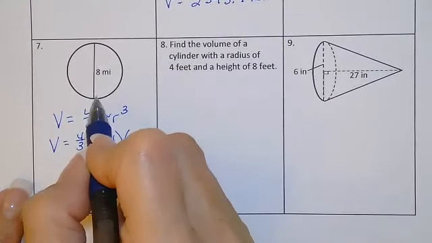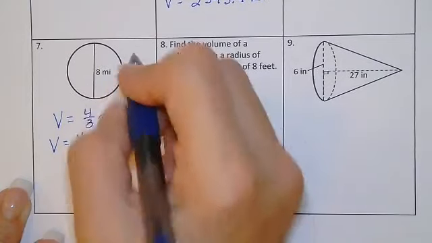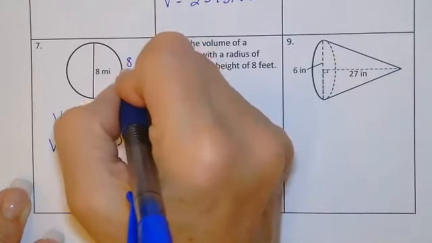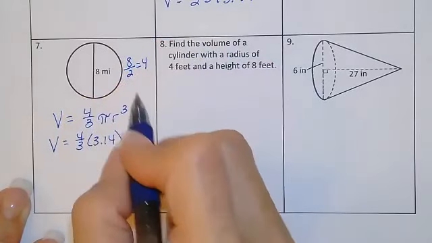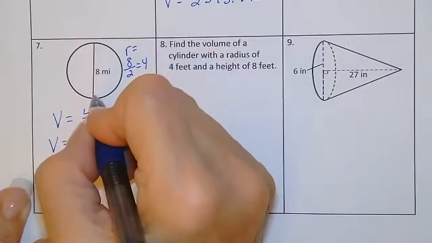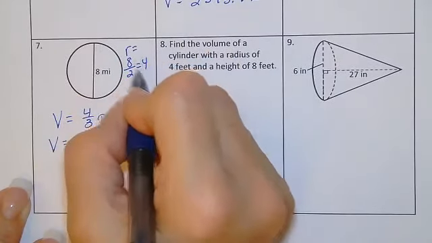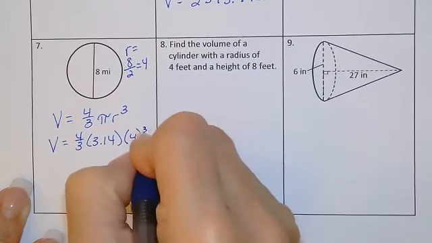All right, for radius, now this is diameter. It's going all the way across. So we need to divide it in half to find our radius. So if our diameter is 8, then our radius is 4. So 4 cubed.